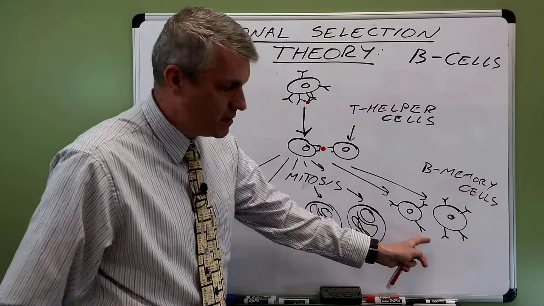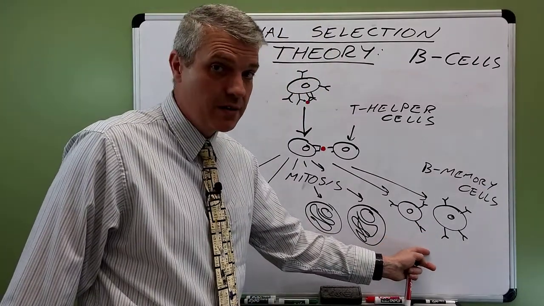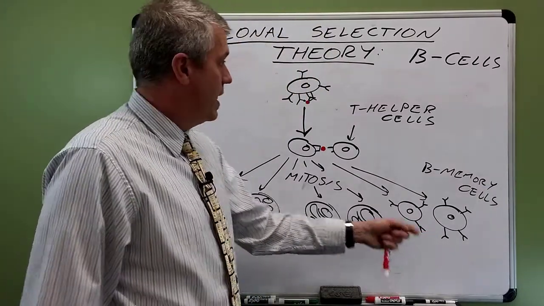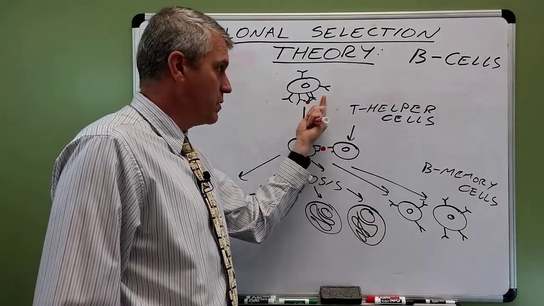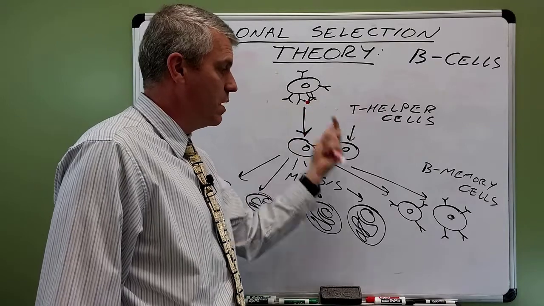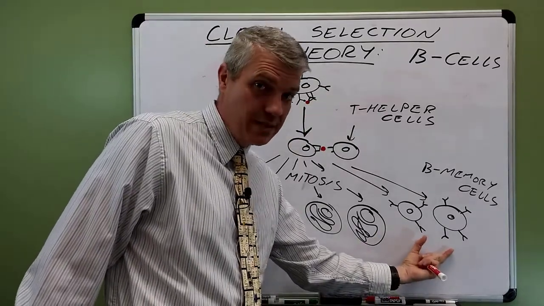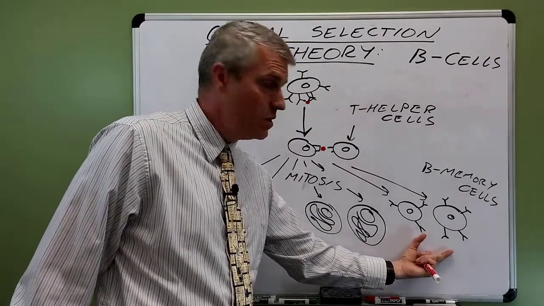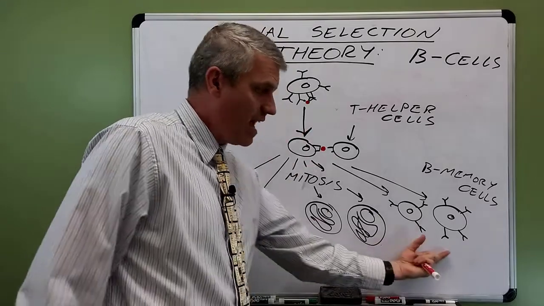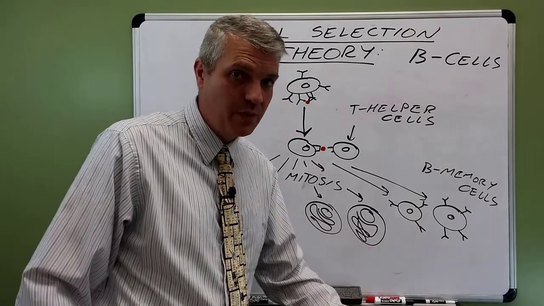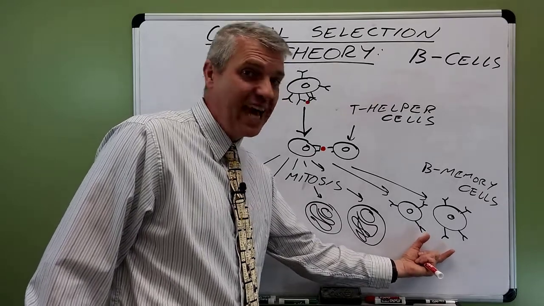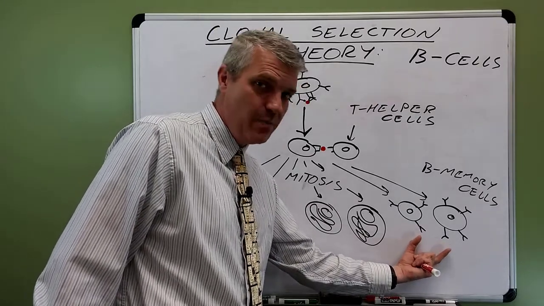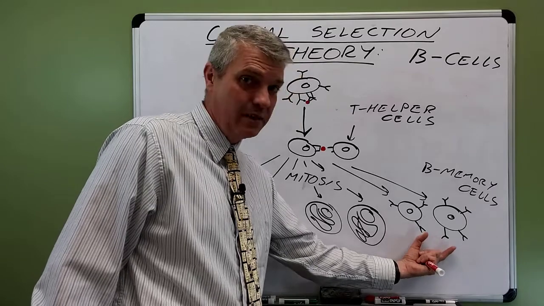The importance of that is these B memory cells will last for years and years. And instead of having just one or two original cells that could recognize the alien antigen, we have at least thousands now that can recognize the alien. So you can imagine all of this can happen a lot faster, and we can ramp up the response faster when we have these memory cells. And again, they last for years. So this gives us immunological memory. We'll be able to kill the alien later.